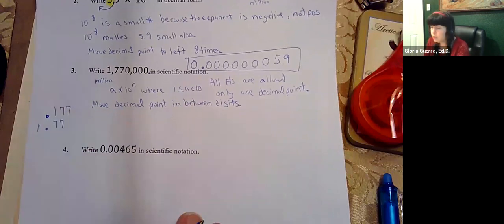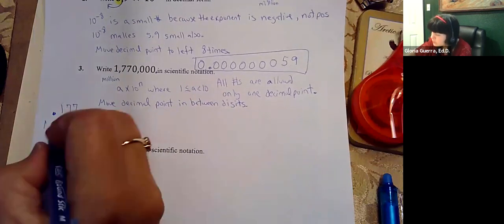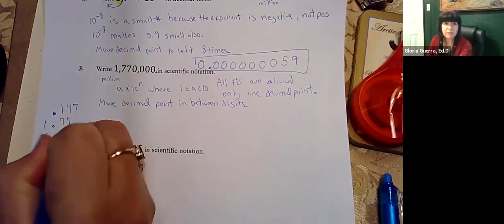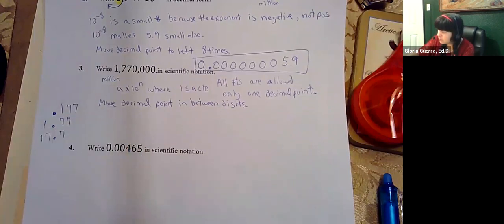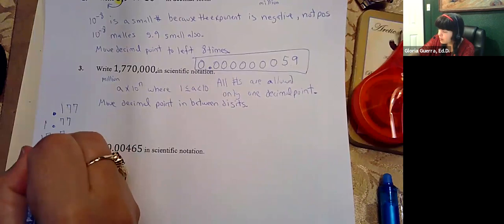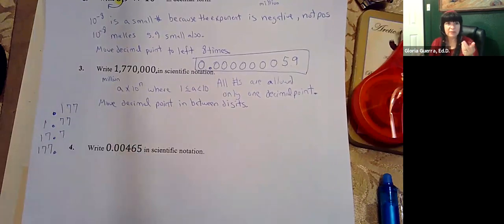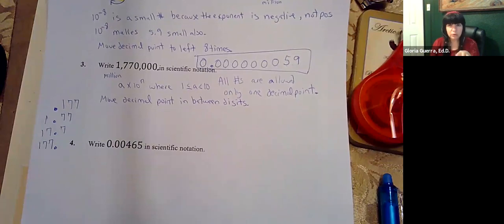And somebody might say, well, what if I move it after the 17, 17.7? And somebody might say, well, what if I move it after the last 7, 177? So we're just playing here, right? But you're thinking, where do I move it?